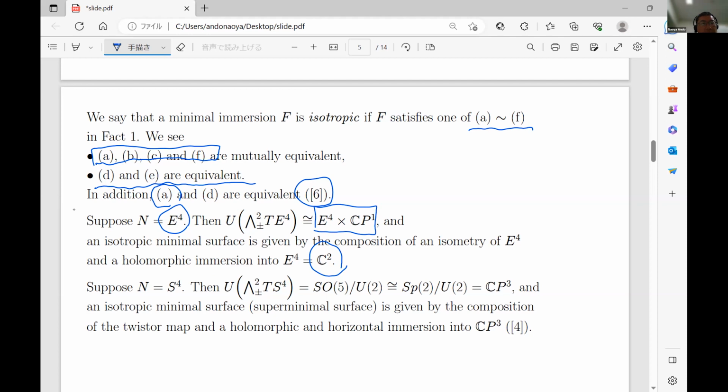Suppose that N is the four-sphere, then the twistor spaces are given by this homogeneous space SO5 over U2, which is considered to be CP3, the complex three-dimensional projective space. And an isotropic minimal surface is given by the composition of the twistor map, the Penrose twistor fibration, and a holomorphic and horizontal immersion into CP3.